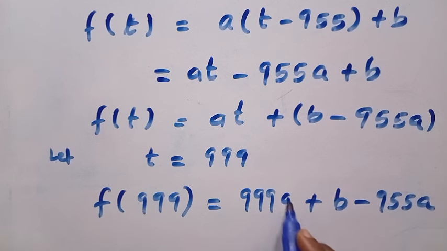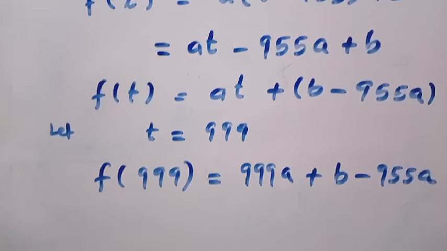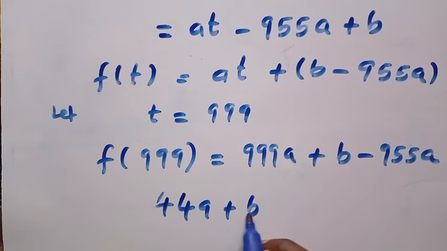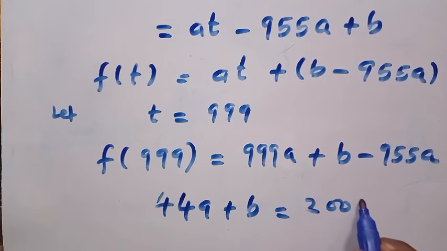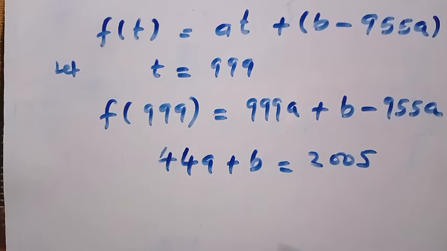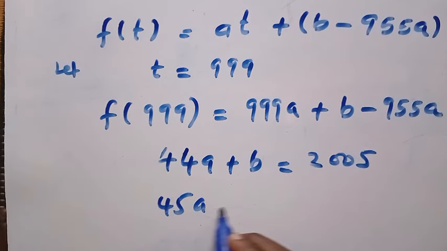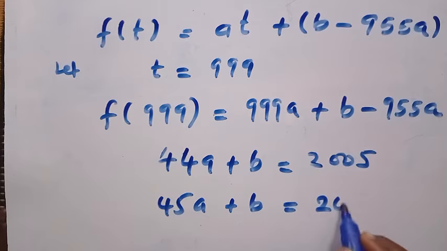Then when we subtract these from each other, that gives us 44a plus b equals, but f of 999 is given as 2005. And we check for the second one as well. Substituting t equals 1000, we are going to have 45a plus b equals 2050. And we solve this, we get the same answer.